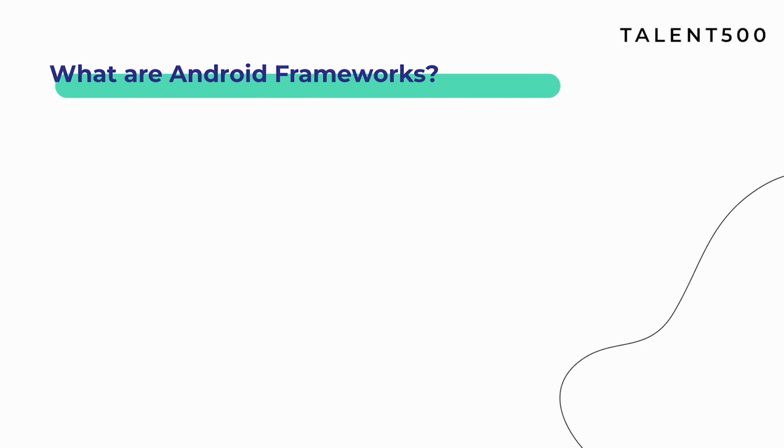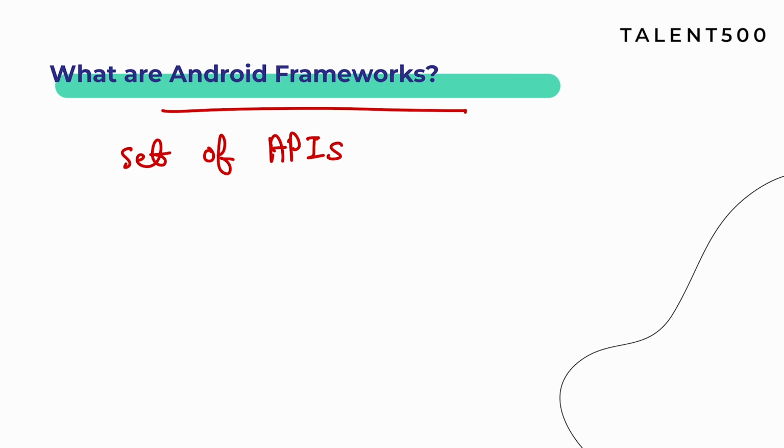And moving ahead, let's quickly talk about Android frameworks, which are a very significant concept. Android frameworks are a set of APIs that make the development process easy for us, for the developers.